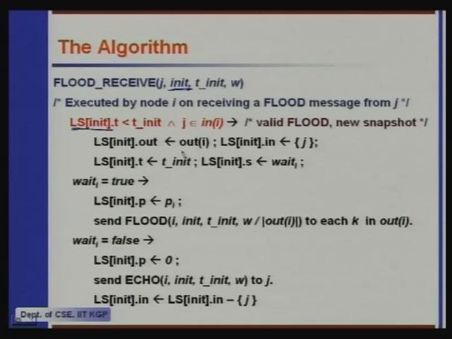We save out I into out, we set ls init dot in to be equal to j at this point of time, we set ls init dot t to be equal to t init, we update this figure, and we set ls init dot s to wait I. Not in j, this is the snapshot that you are collecting now.